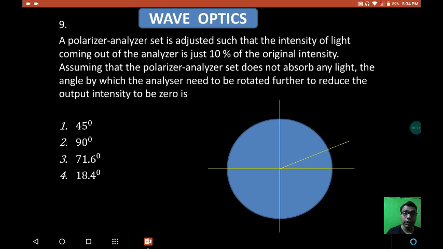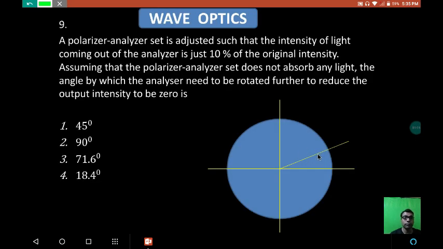As from the question we know, when the axes of the polarizer and the analyzer are placed at 90 degrees, then the intensity of light coming from the analyzer will be 0. So here the position is a little bit shifted, the polarizer is not perpendicular to the axis. If we take the horizontal axis, it makes some angle, and with that angle it has 10% of the original intensity.